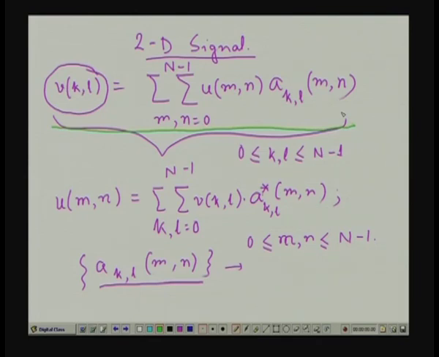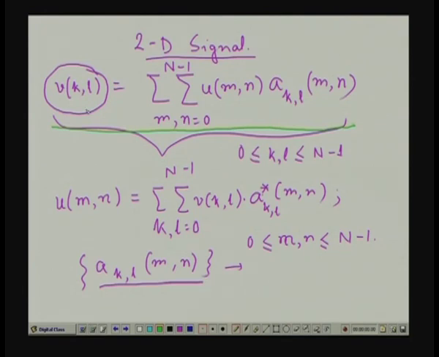So, to compute every V K L, the number of complex multiplications and complex additions that has to be performed is of the order of capital N square. And you remember that this has to be computed for every value of k and l, where k and l vary in the range 0 to capital N minus 1.